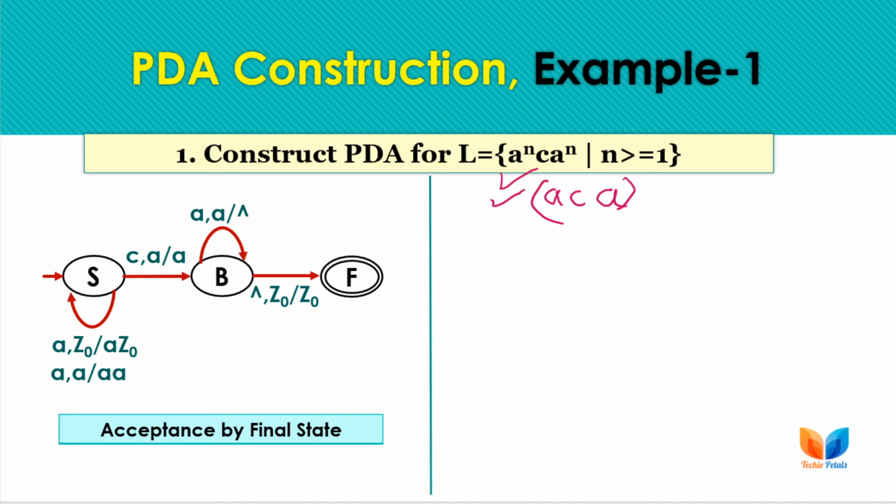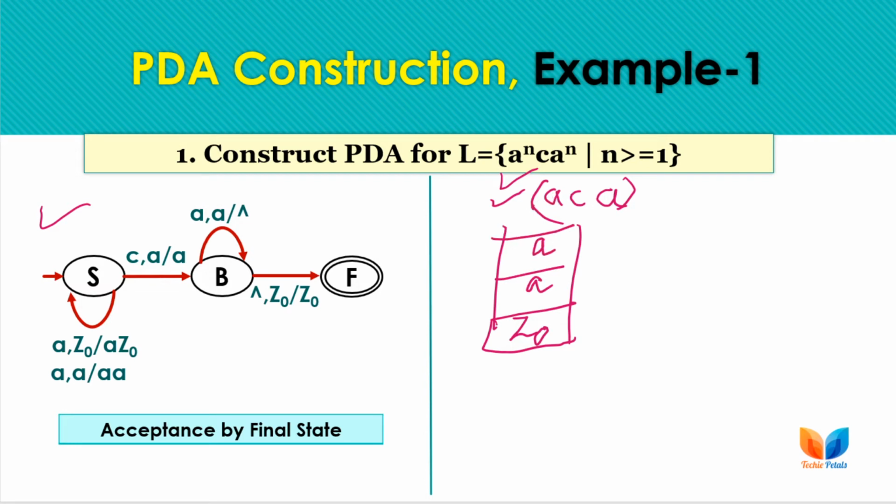Next, as we have already described this example in the previous lecture, lecture number 49, here we have to put all the A's received. The initial symbol of the stack is Z0, and all the A's received before C will be pushed onto the stack.